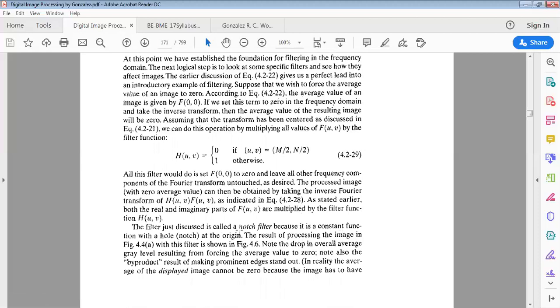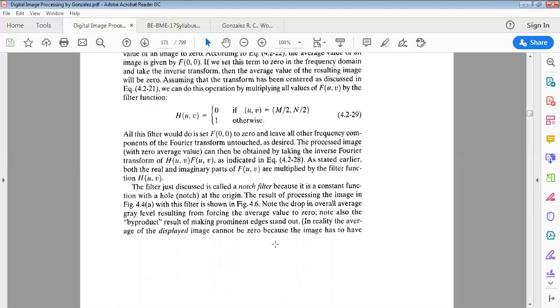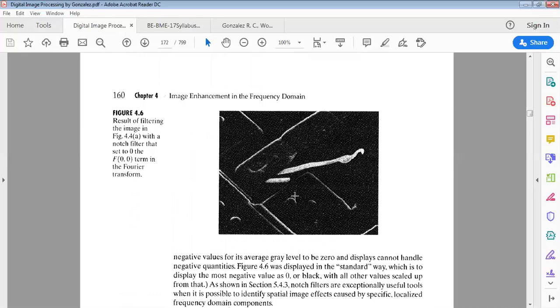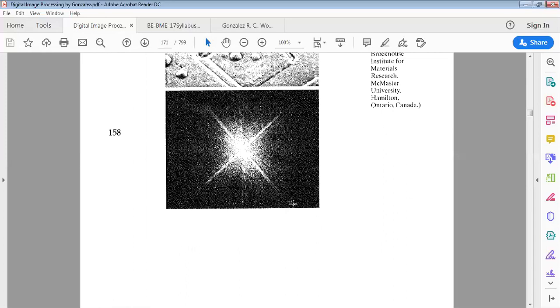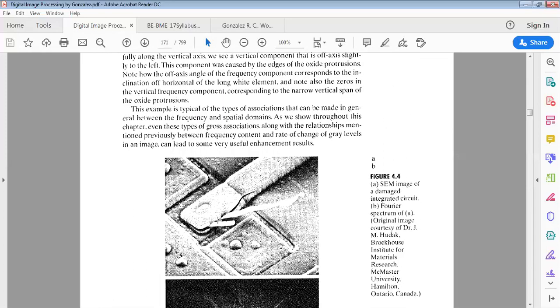The filter just discussed is called a notch filter because it is a constant function with a hole or notch at the origin. The result of processing the image with this filter is shown in the figure. Let us see the particular figure, a scanning electron microscope image.